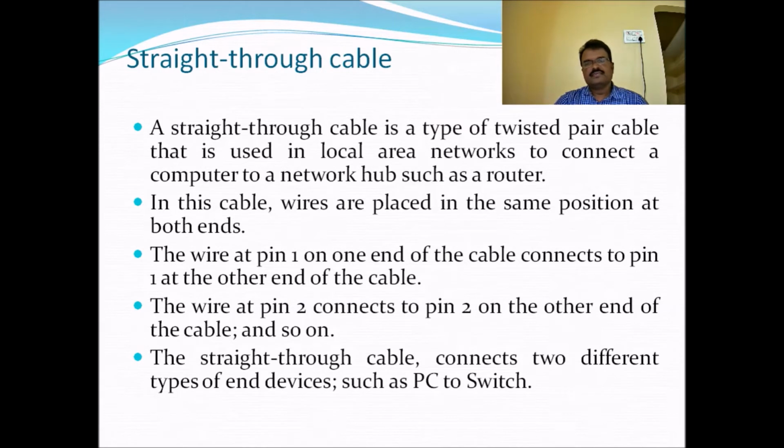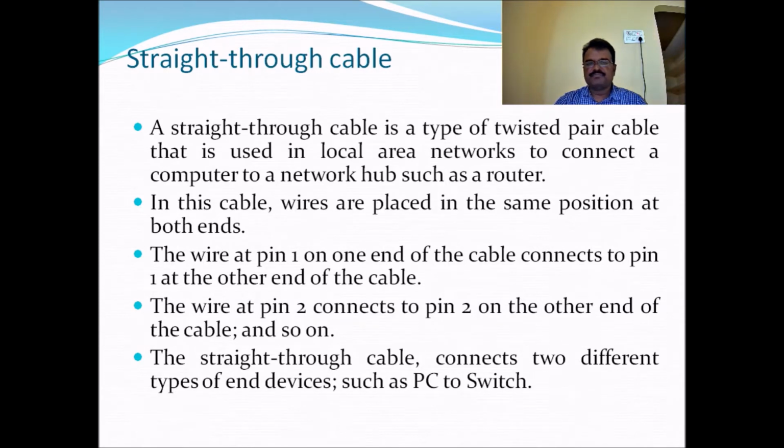So what is the straight through cable? A straight through cable is a type of twisted pair cable that is used in local area networks to connect a computer to a network hub such as a router. In this cable, wires are placed in the same position at both ends.